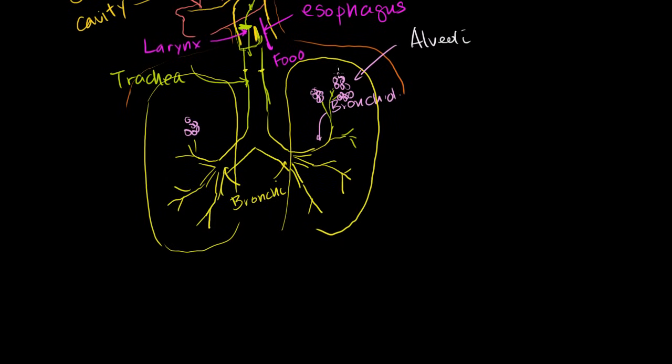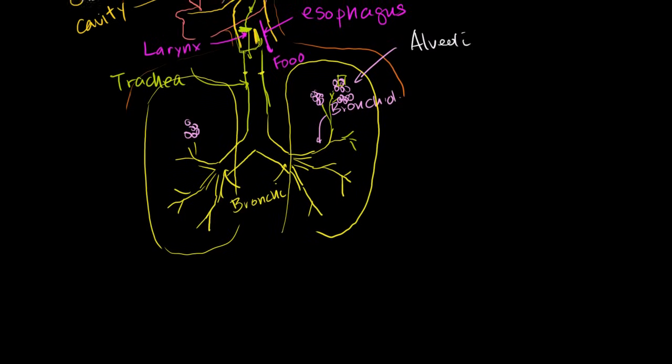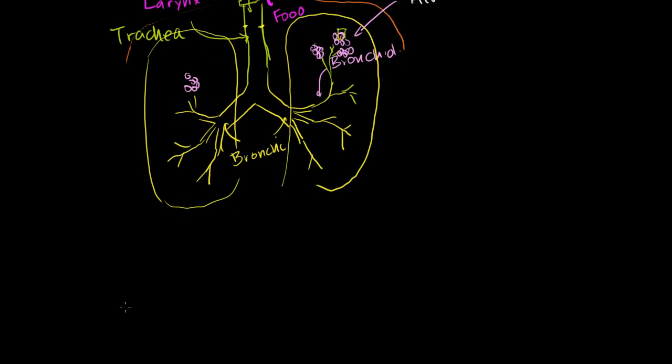So if I were to zoom in on one of these alveoli, and just to give you an idea, these are super duper small. I've drawn them fairly large here, but each alveolus, let me draw a little bit bigger. So let me draw these air sacs. You have these air sacs like this, and then you have a bronchiole that's terminating in that air sac.